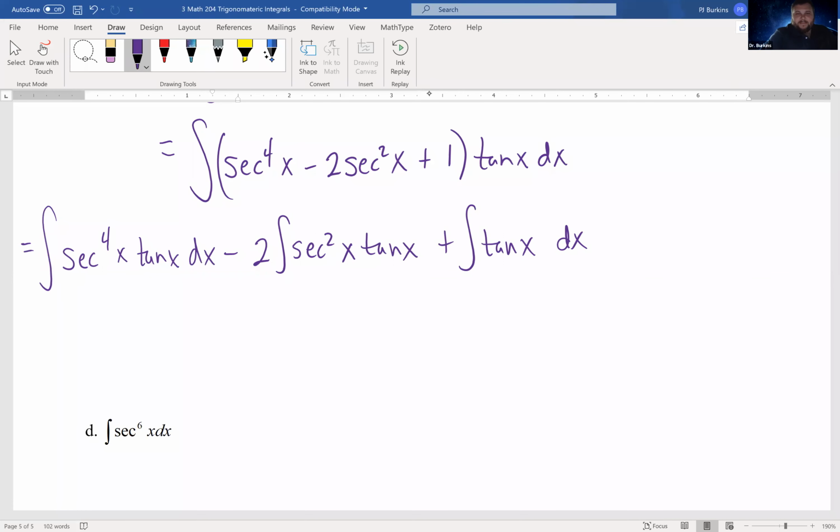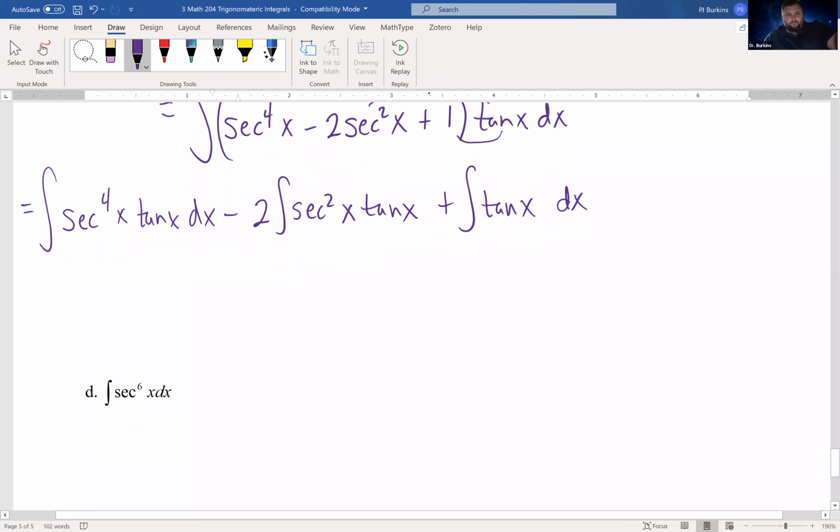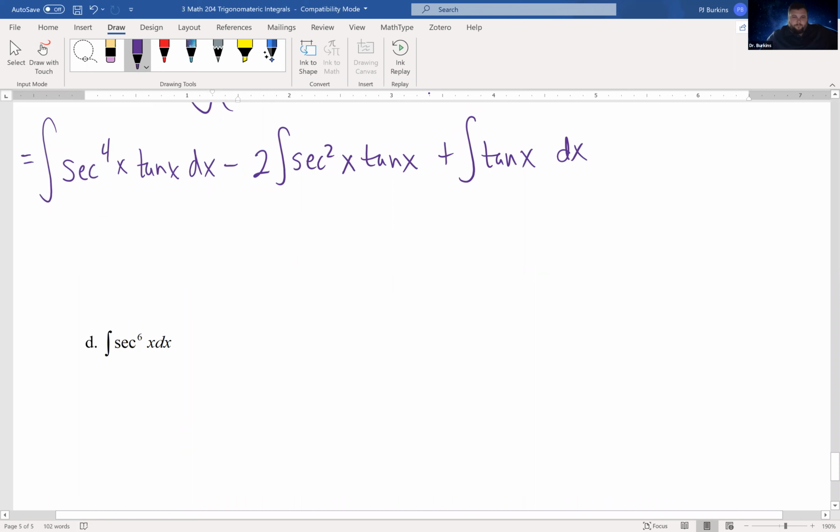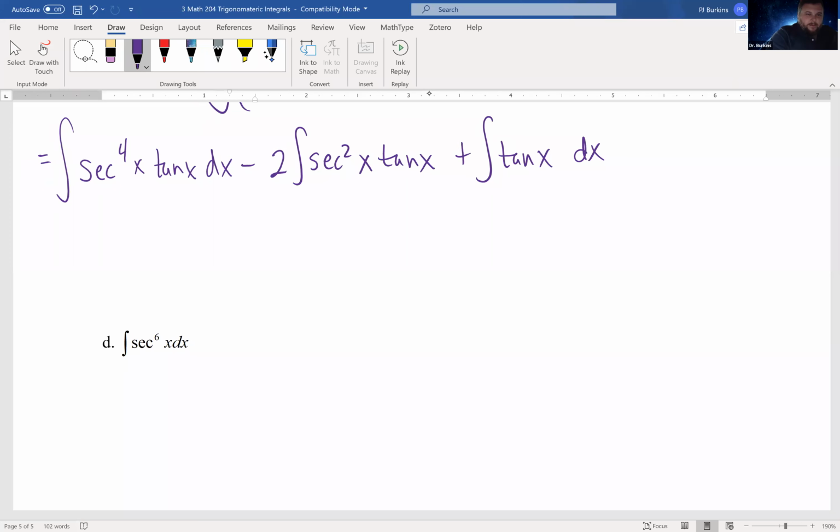All right, so all I did at that step was just distribute this tangent to all 3. All right, so let's look at this first one. I've got secant to the fourth tan. Again, we need a secant squared to be broken off or a secant tan. I think for that one, I'm going to go ahead and break off a secant tan.